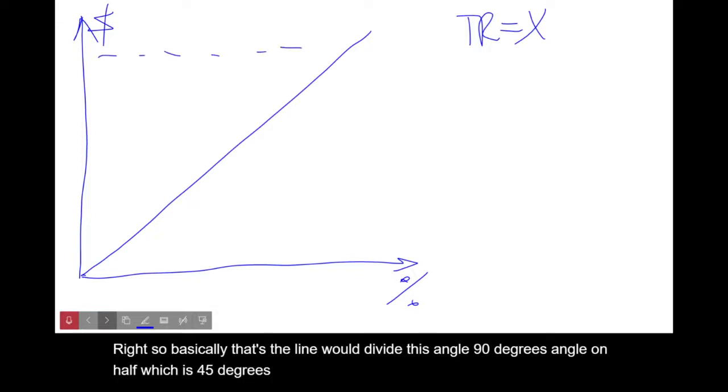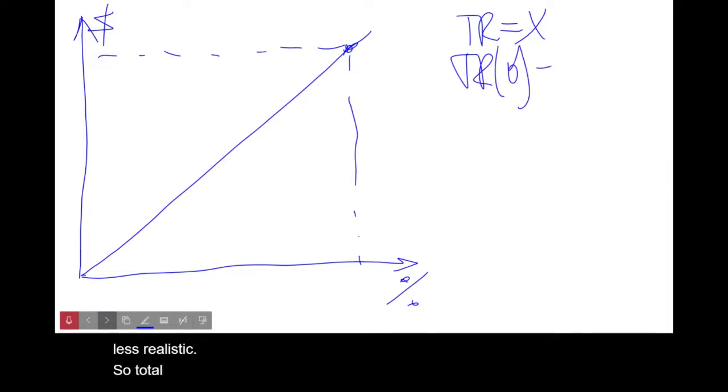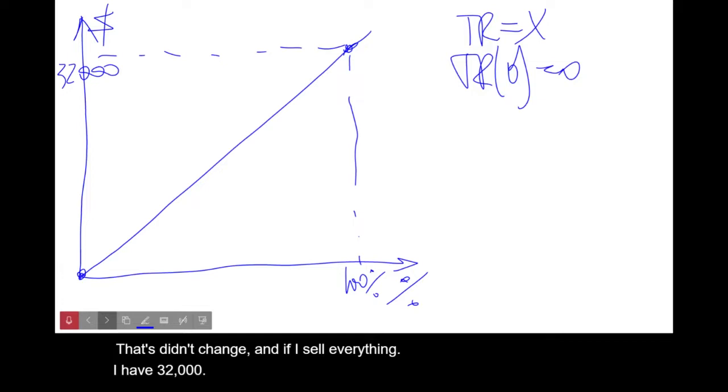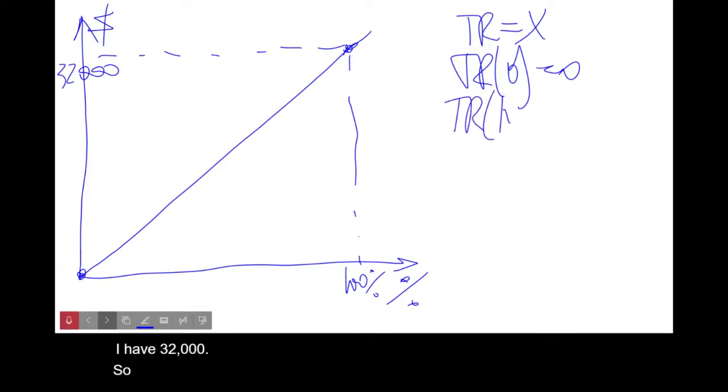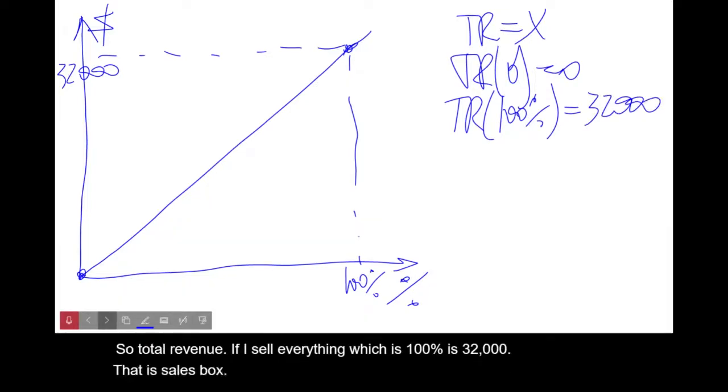So I can start with that. To make my chart more or less realistic, total revenue at zero is 0. That didn't change. And if I sell everything, which is 100%, I have 32,000. That is sales max, right?